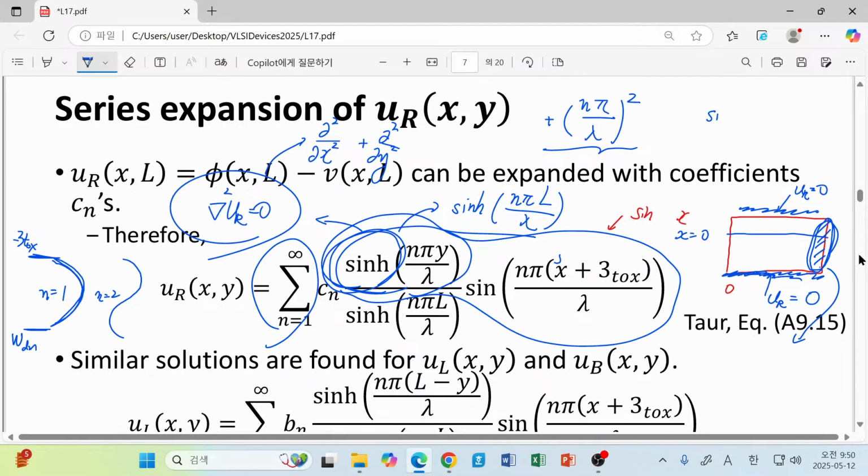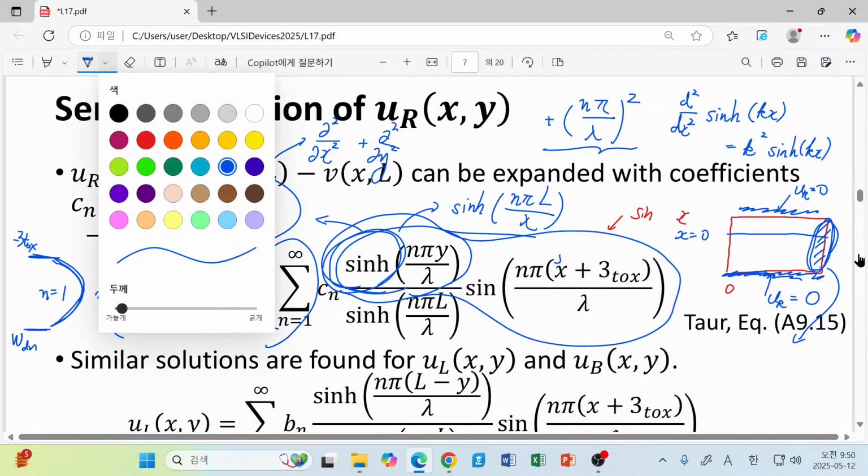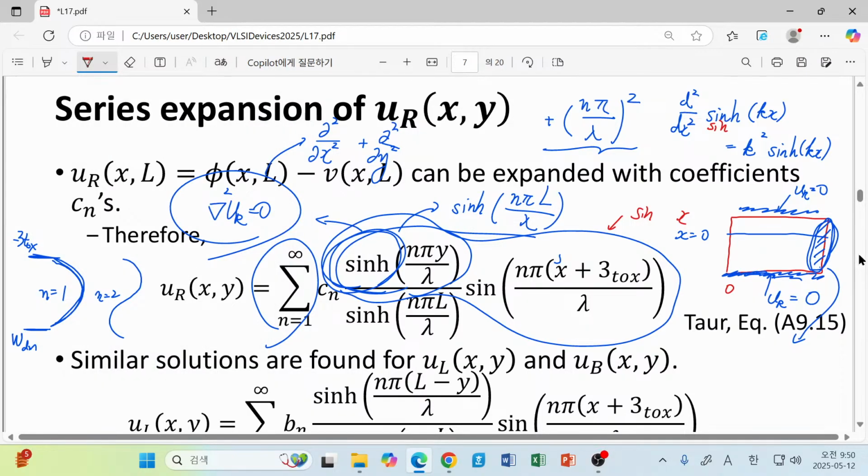So let me just do it together with you. If we have hyperbolic sine kx, and its derivative is taken twice, then it will give us just k squared and its original form. And if, instead of this hyperbolic sine, we have just a sine function, then what happens? In the case of a sine function, when you take the differentiation twice, you will have minus k squared.